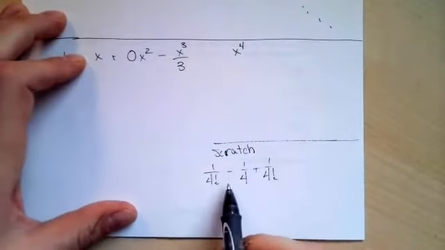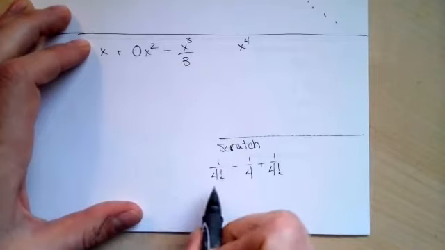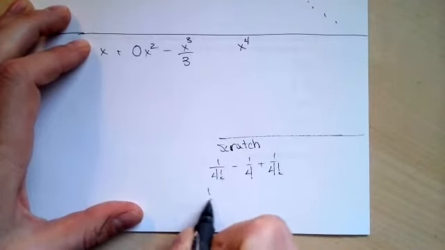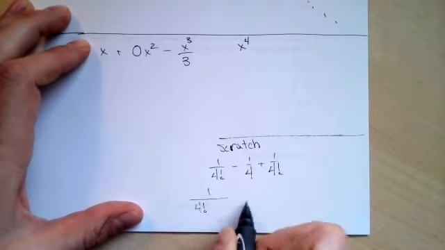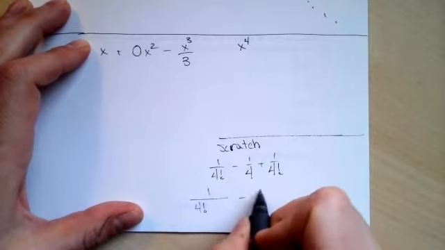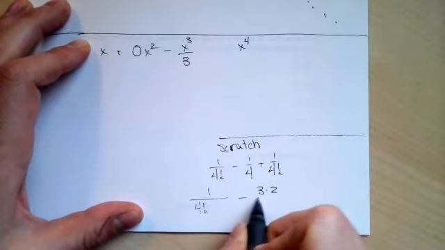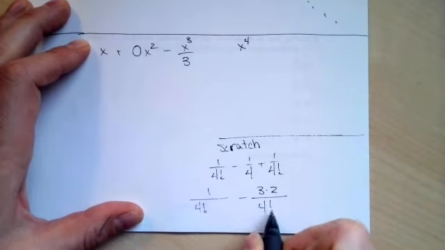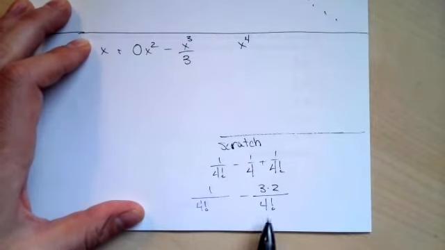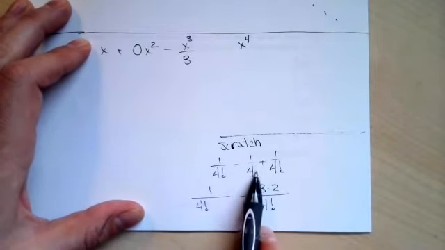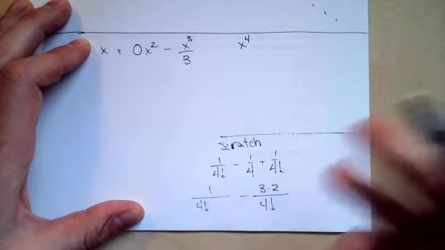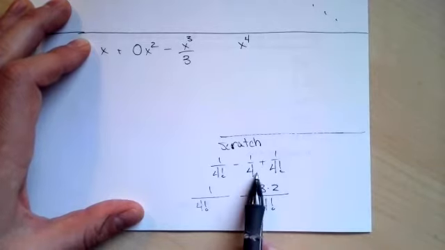So how do we simplify this? We can write it as 1 over 4 factorial minus, this is going to be 3 times 2 over 4 factorial. So I'm just multiplying this term by 3 times 2 in the denominator times 1, if you want to include that one.